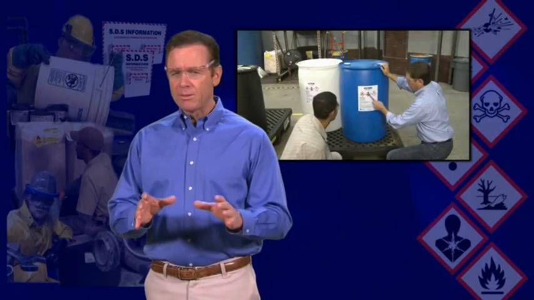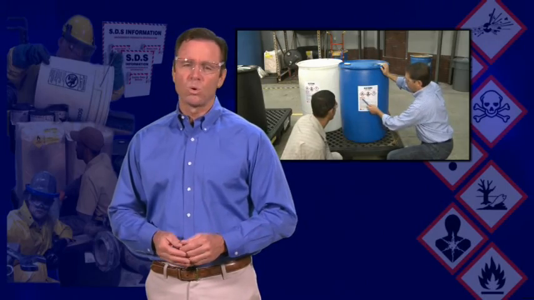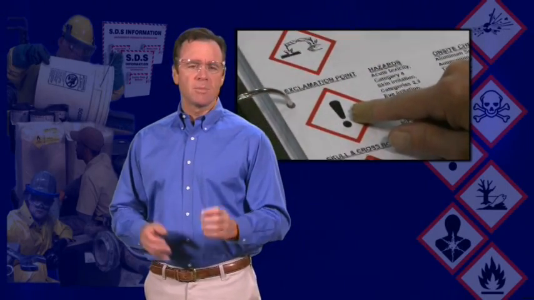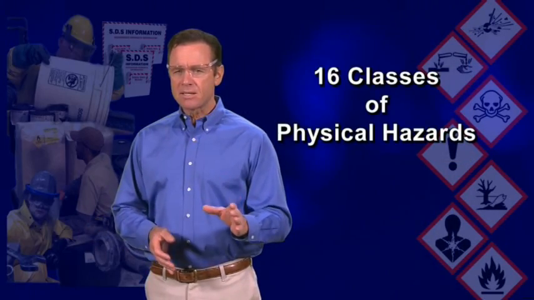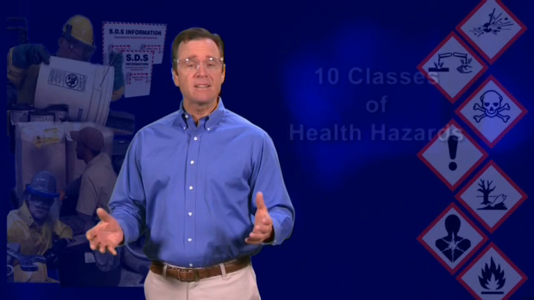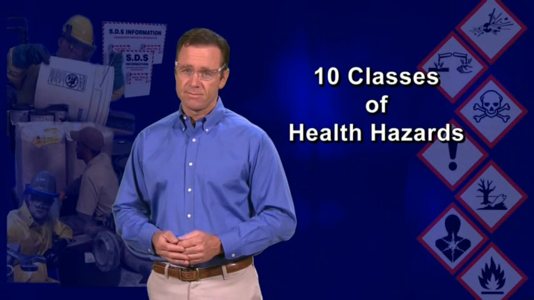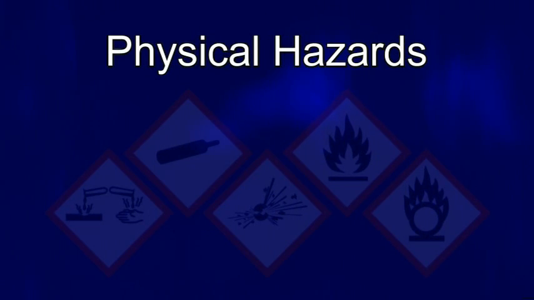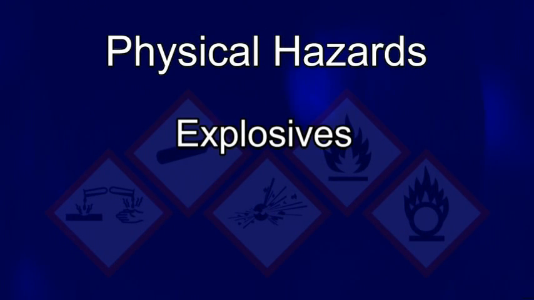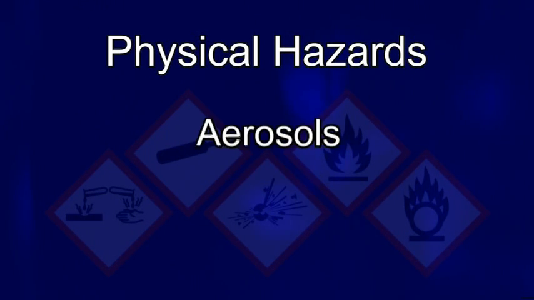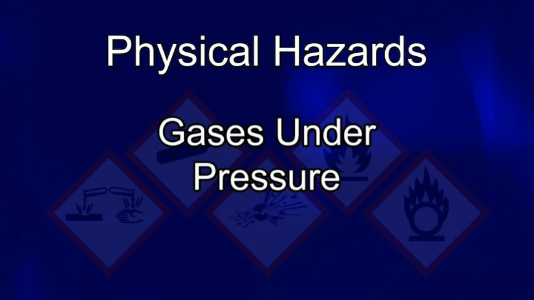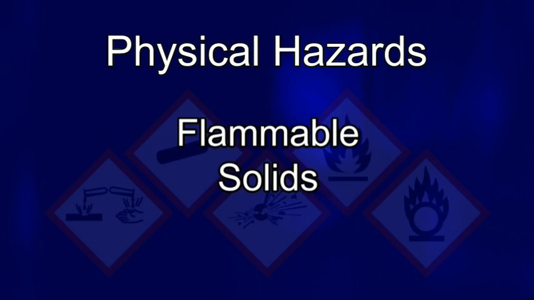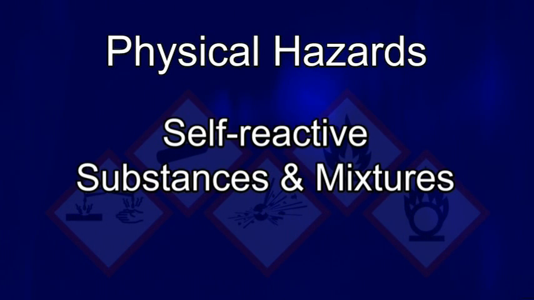To better communicate the specific information needed by chemical workers, the Global Harmonizing System has created multiple classes of hazards. There are 16 classes of physical hazards and 10 classes of health hazards. The 16 classes of physical hazards include explosives, flammable gases, aerosols, oxidizing gases, gases under pressure, flammable liquids, flammable solids, and self-reactive substances and mixtures.